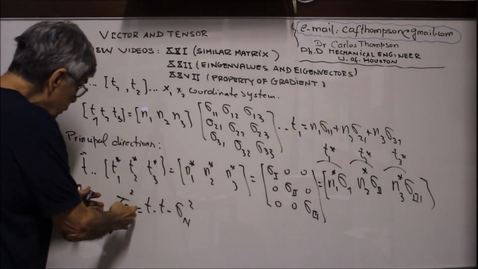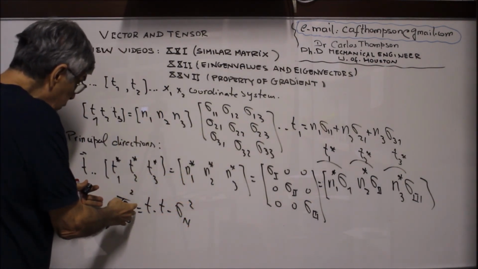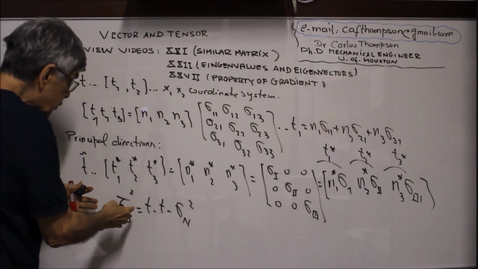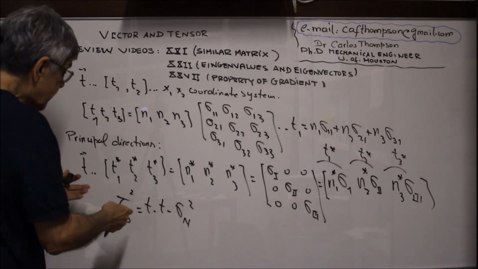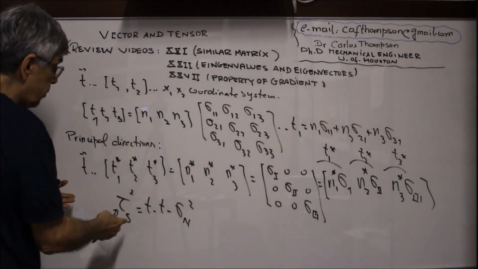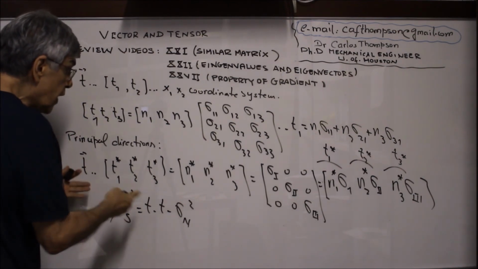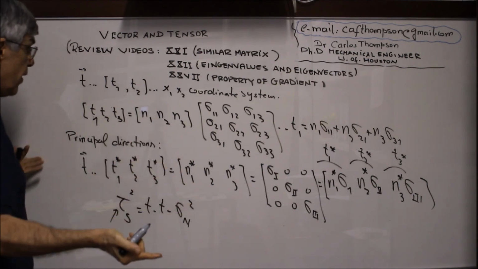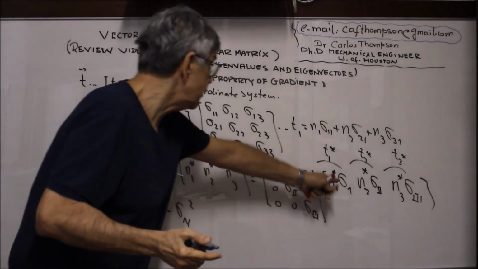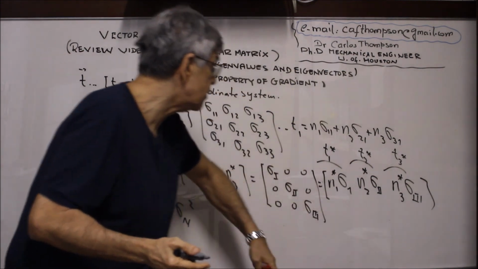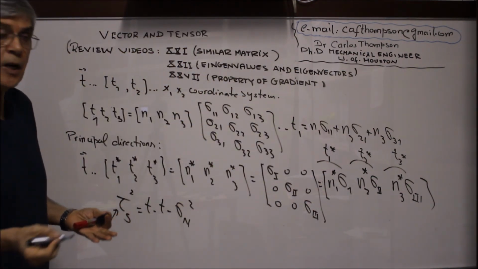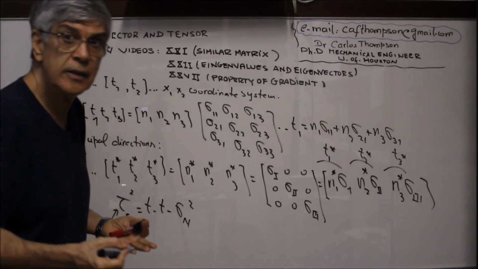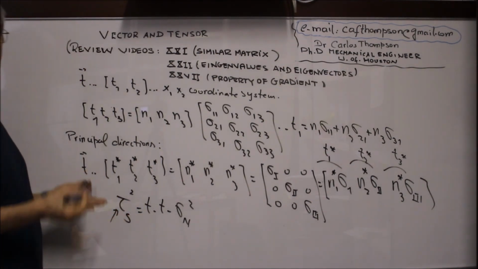Now, if you want to find out which n is such that tau s is maximum or minimum, you just use the principal directions because T1 is simpler, T2 is simpler, T3 is simpler. And the result will be the same because it doesn't depend on the coordinate system.